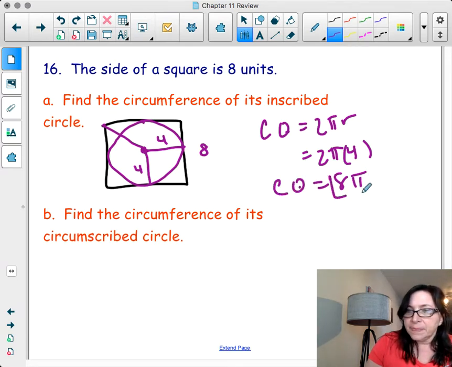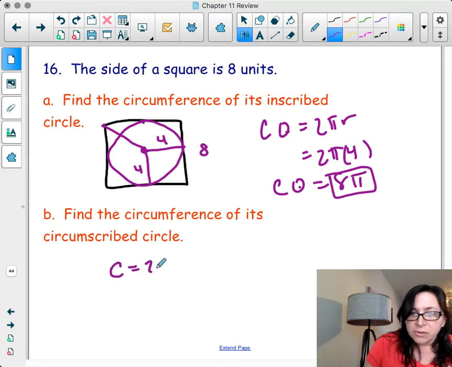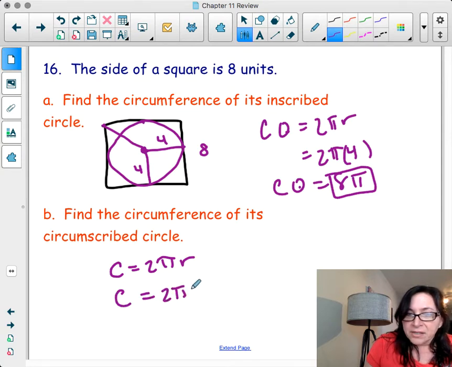Okay, that's it. This question says, find the circumference of the circumscribed circle. So circumference equals 2 pi r. And that's what we were talking about. So that's going to be 2 pi times the radius.